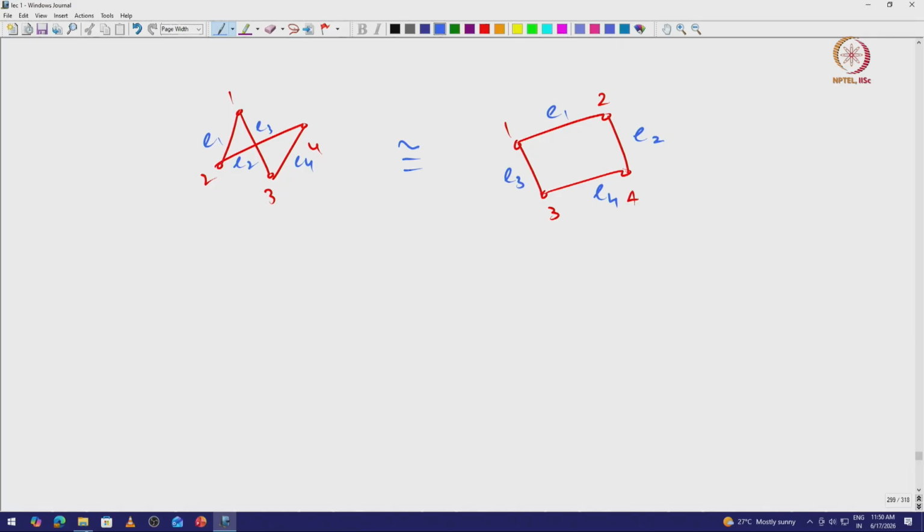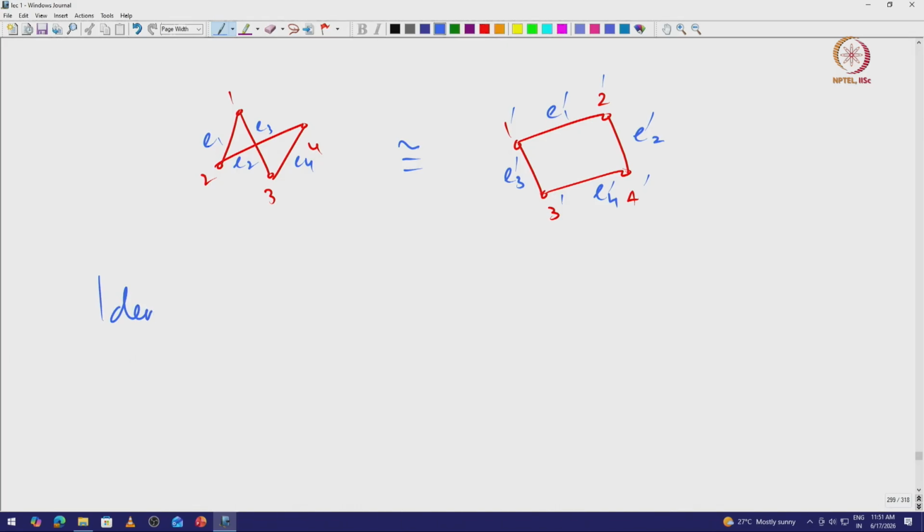Isomorphism is slightly different from the graphs being identical, because the labeling of the vertices can be changed. Instead of E1, E2, E3, E4, I can also use E1 dash, E2 dash, E3 dash, E4 dash. Similarly, 1 dash, 2 dash, 3 dash, 4 dash we can use. But as far as the graph is concerned, the information is the same. So, we want to say that these two are isomorphic.